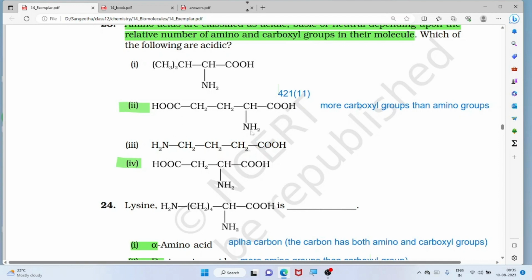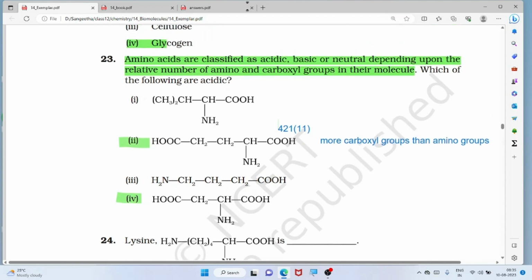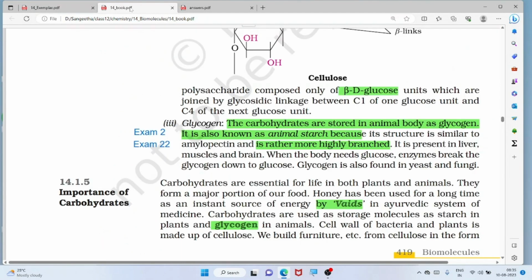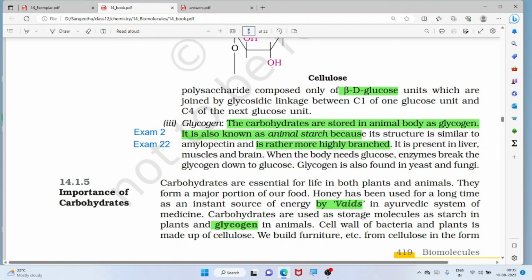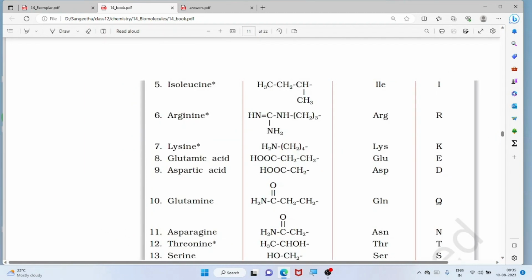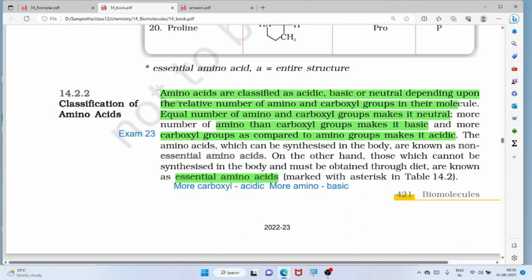Two carboxyl groups and only one amino group means acidic. Acidic or basic depends on the relative number of amino and carboxyl groups. Equal numbers means neutral. More amino groups means basic. More carboxyl groups means acidic.